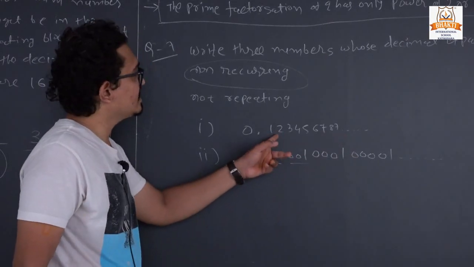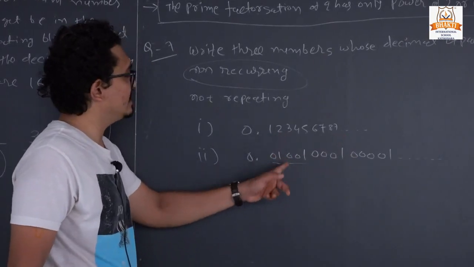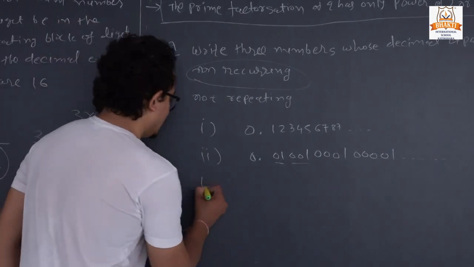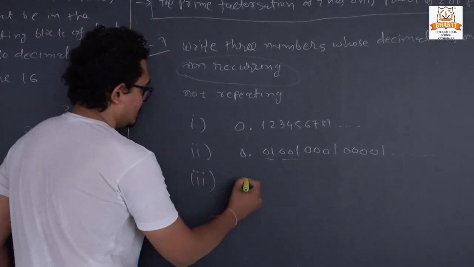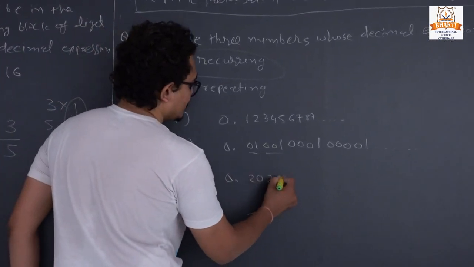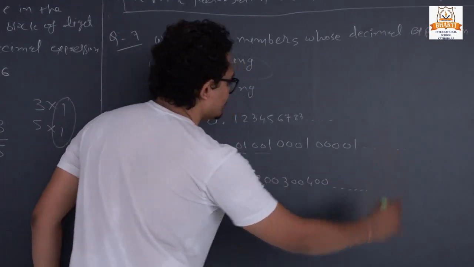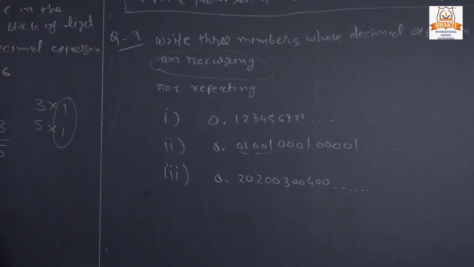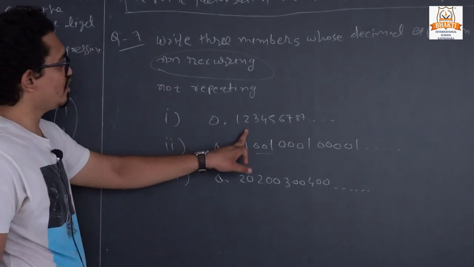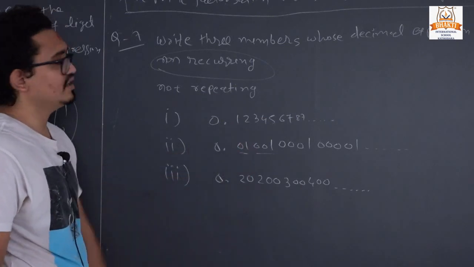So digits are non-terminating as well as non-recurring. And third example, 20, 200, 300, 400 like that. So it will be once again continuous. So in these 3 examples we can clearly see that digits are non-terminating as well as non-recurring.